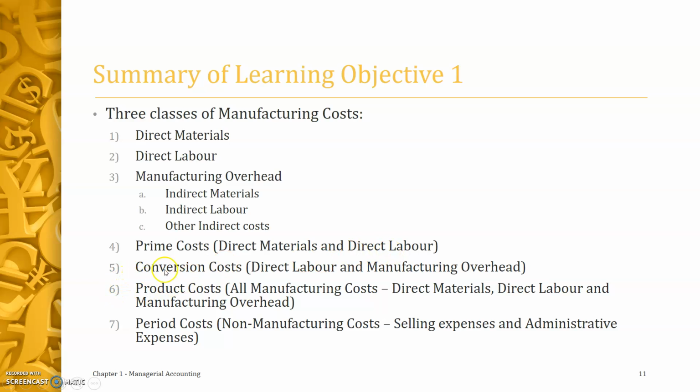We also looked at conversion costs, which are direct labor and manufacturing overhead. Then we diverted our attention to product costs versus period costs. Product costs are all manufacturing costs that include direct materials, direct labor, and manufacturing overhead, while period costs are all non-manufacturing costs, such as selling expenses and administrative expenses.